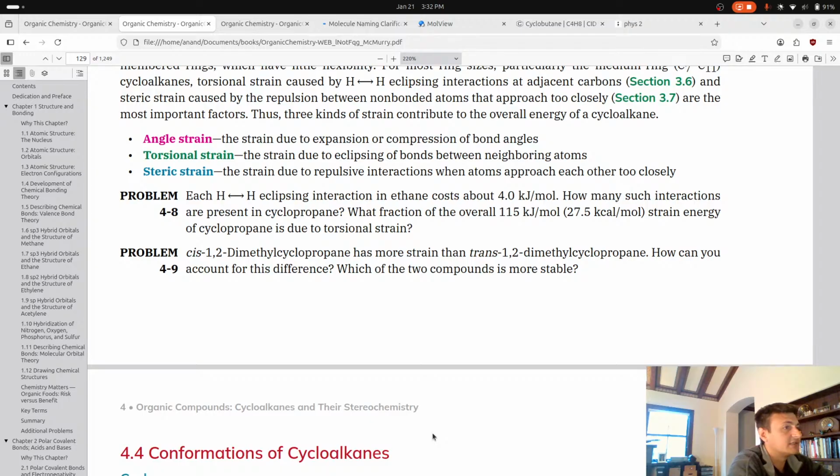And it says it has more strain than the trans. How can you account for this? I would guess that it's because of the steric strain due to nearby methyl groups. Which of the two compounds is more stable? So trans is more stable.